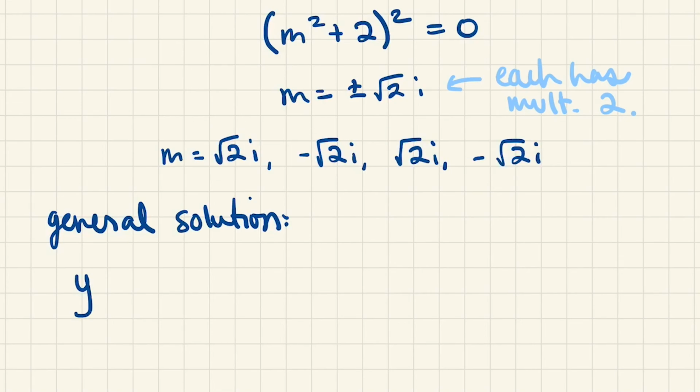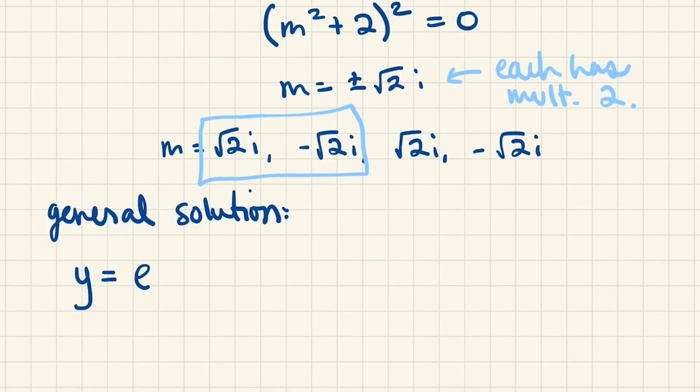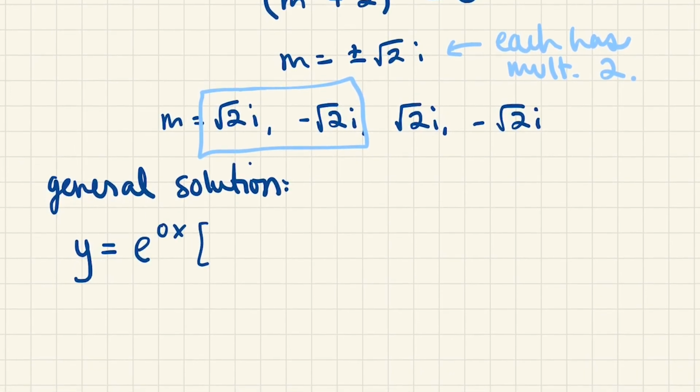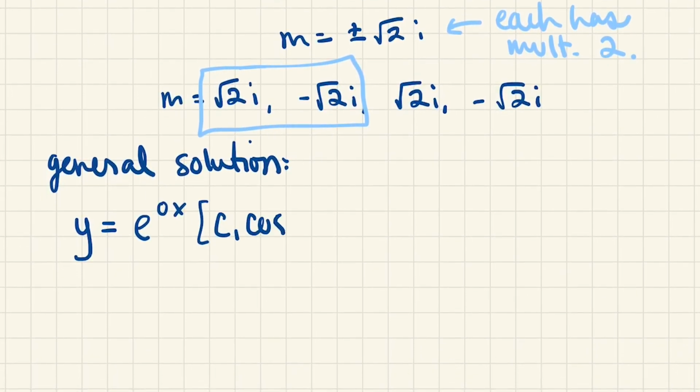So we're going to handle the first two, let's just say those guys are friends, by doing the normal thing here. So our alpha is 0, so we have e to the 0x, and then c1 cosine of rad 2x plus c2 sine of rad 2x.